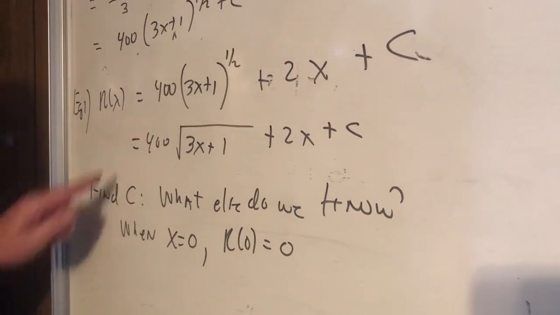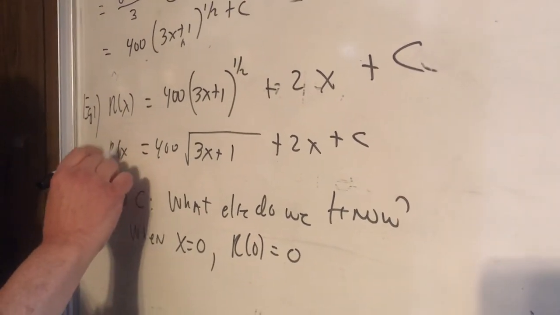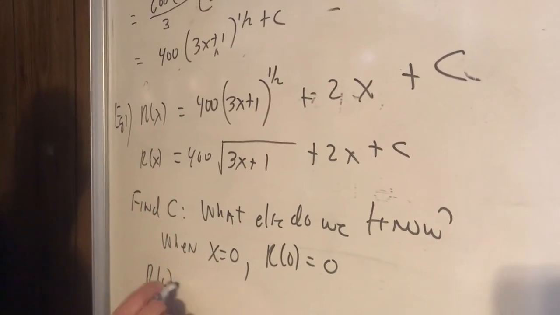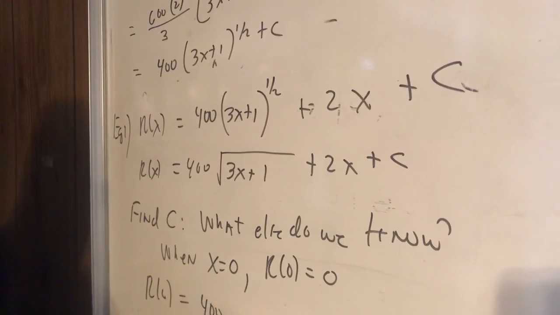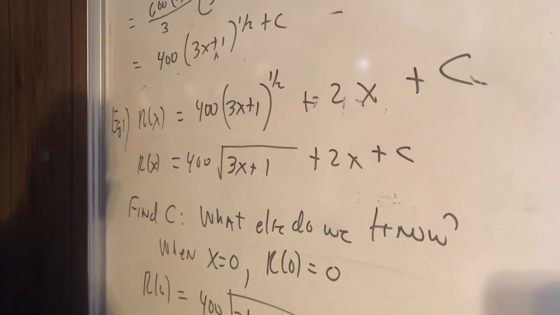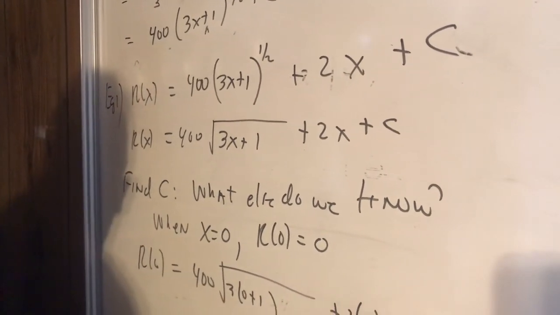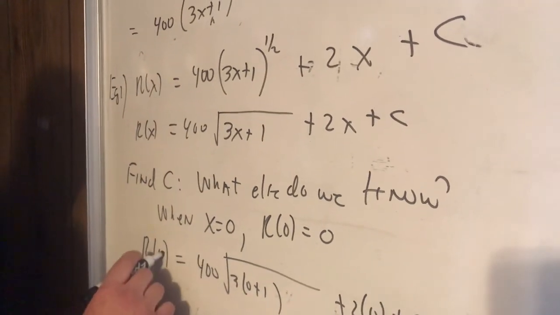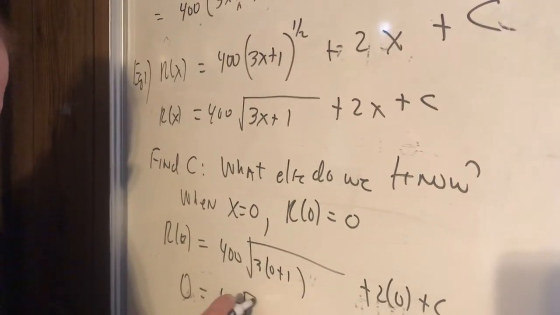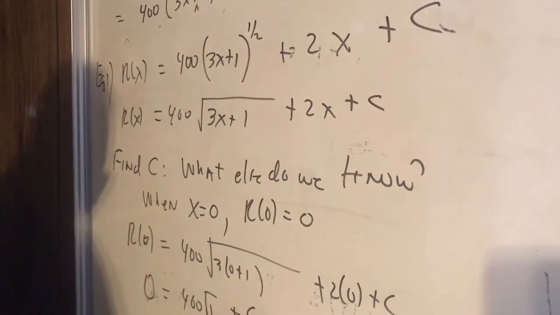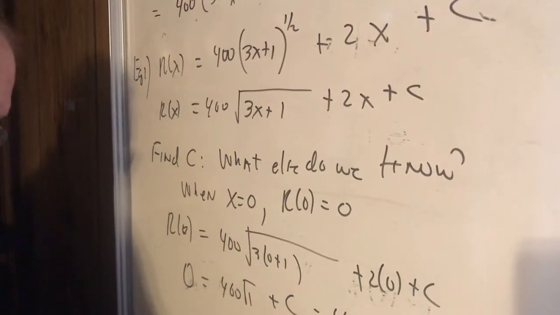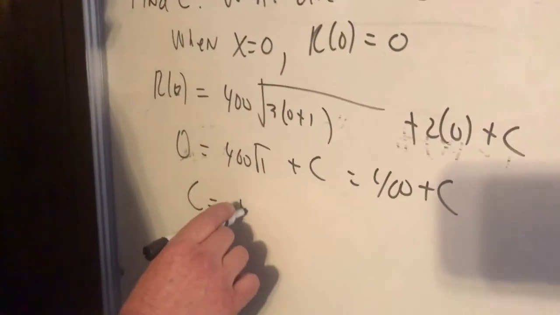So let's go back into here. Okay. So R of 0 is going to equal 400 times the square root of 3 times 0 plus 1, plus 2 times 0 plus C. Now we know R of 0 equals 0. 400 times the square root of 1, which is simply 1, plus C equals 400 plus C. Bring that over there, so C is minus 400.